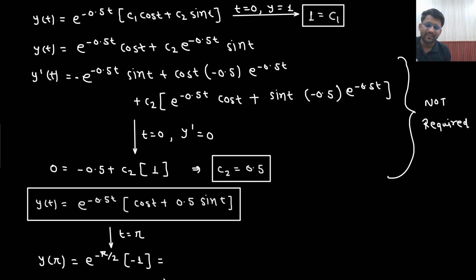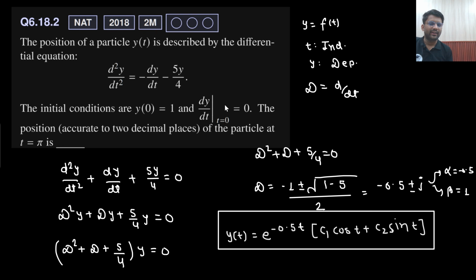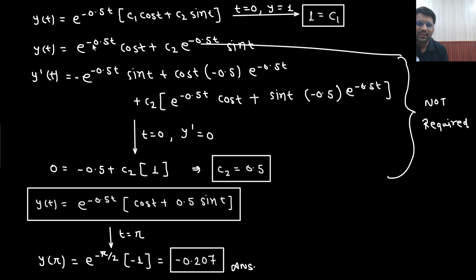The answer was very straightforward, and needlessly we wasted the time. It was not required, because this much portion was not even required. Only the C1 value was required.